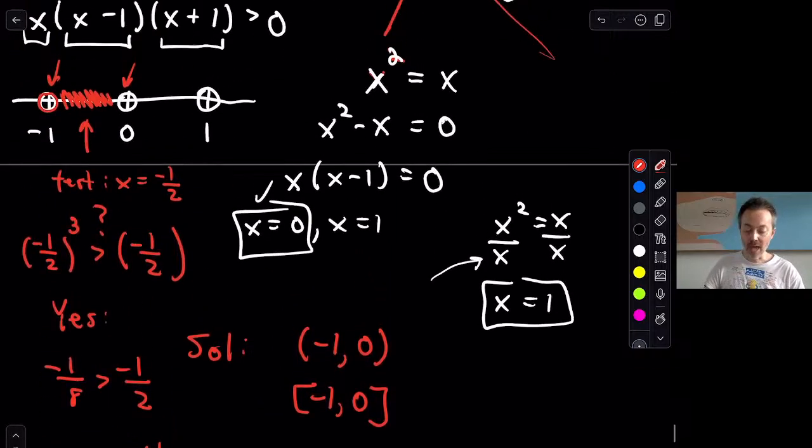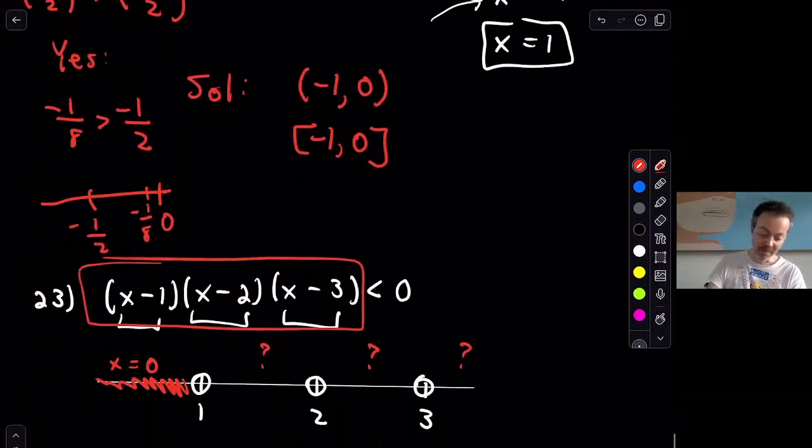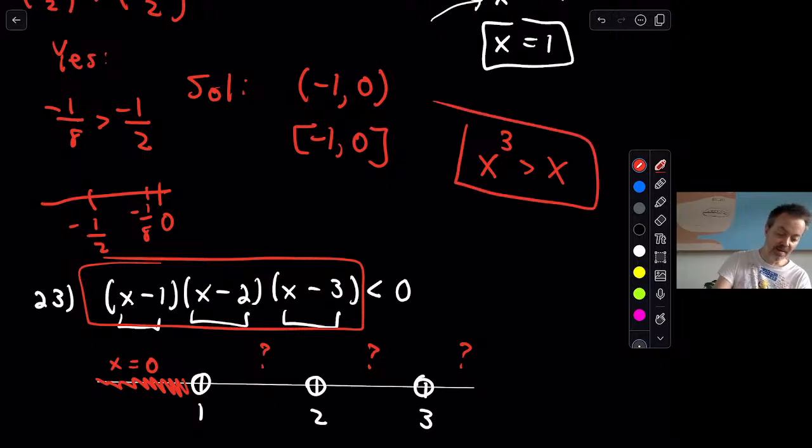Okay, so you asked, can we use the cube root? I assume you're going back to this question, x to the third greater than x. The short answer is no, you couldn't use a cube root. Even if it was an equation, using a cube root wouldn't make it better.